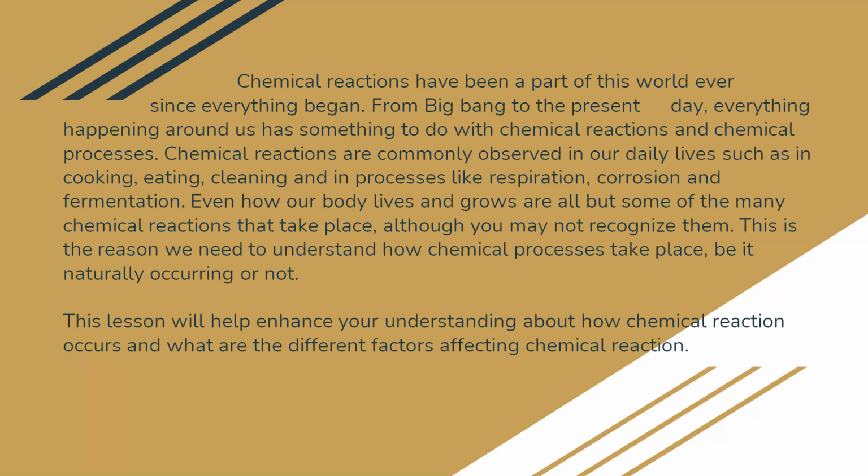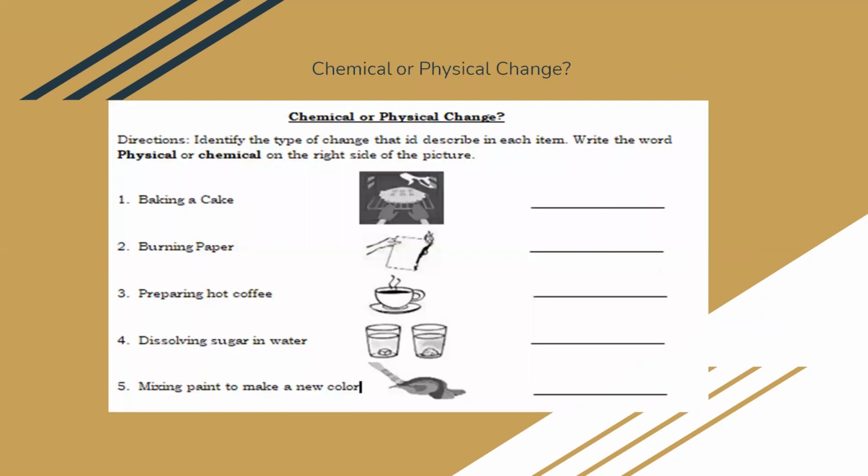This is the reason we need to understand how chemical process takes place, be it naturally occurring or not. This lesson will help enhance your understanding about how chemical reaction occurs and what are the different factors affecting chemical reaction.